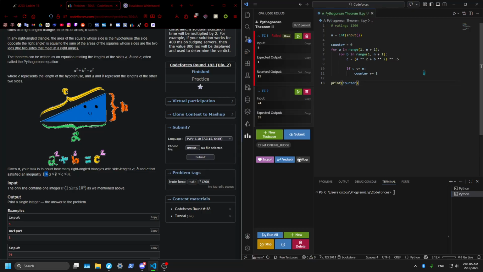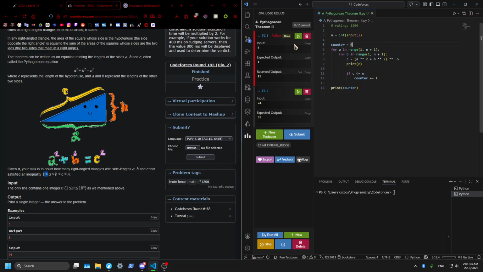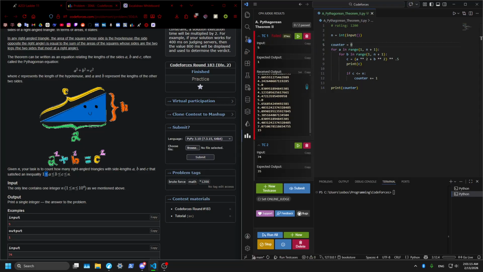It's 5. Let's print C. Well, we want only the integer ones.